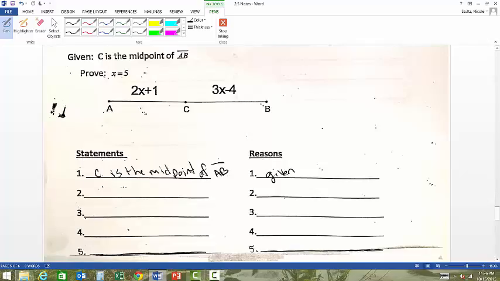I know that from A to C has to be the same distance as C to B. And the reason I know that is because of the definition of midpoint. The definition of a midpoint says that it is the point that splits a line in half, so then each half must be congruent.